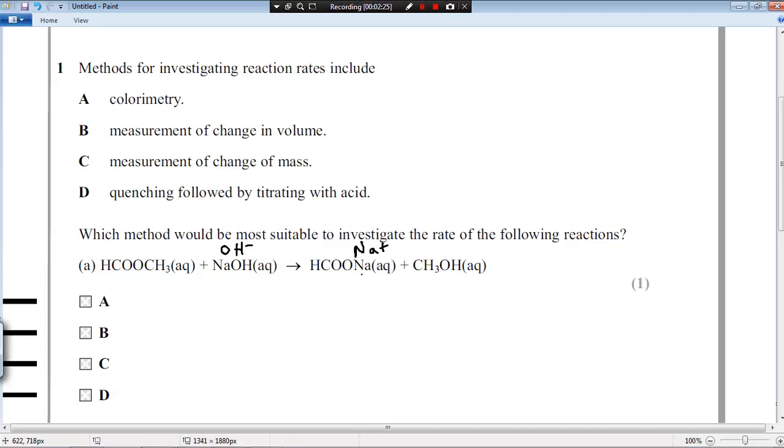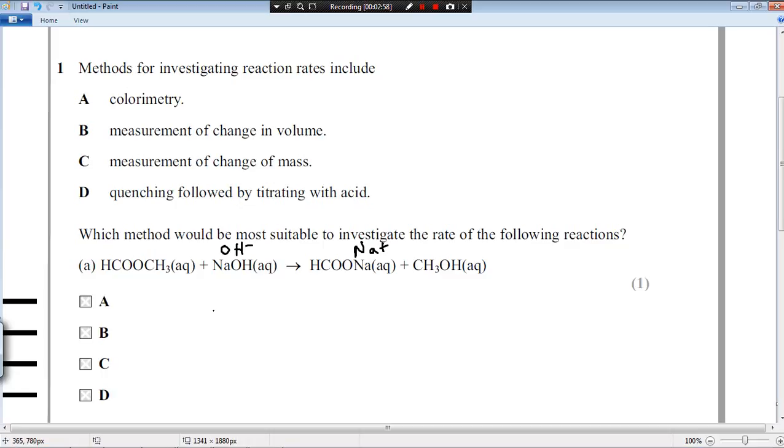Okay, so here since this thing is in aqueous, it will form sodium plus ion. Okay, so here it is the methanol, so it won't form ions. Yeah, it won't form any ions since this is alcohol.